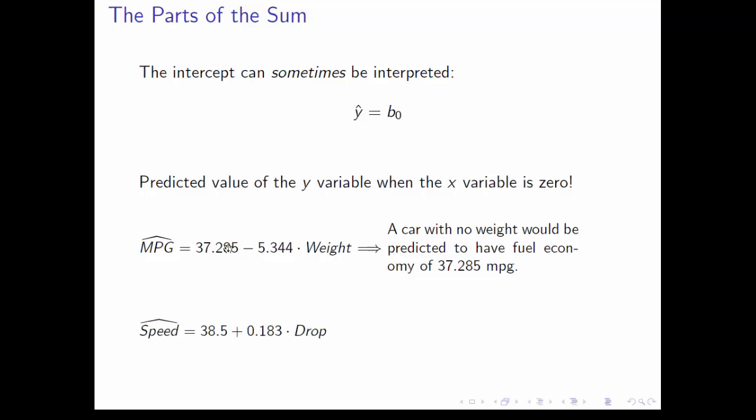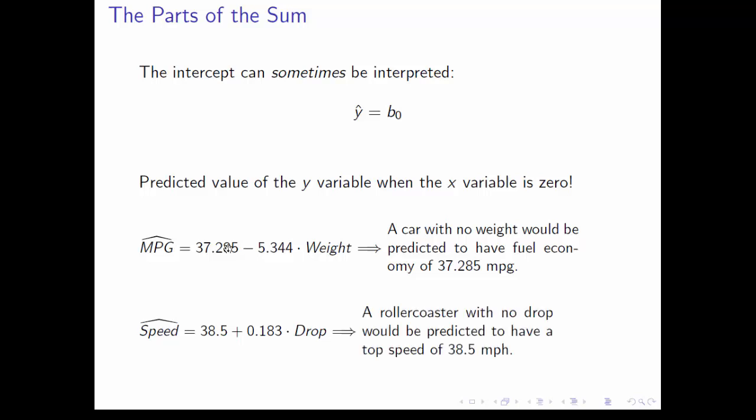That's kind of ridiculous, because how are we going to reduce the car's weight completely to zero? But let's take another example. If we have the speed of the roller coasters and we put in 0 for drop, that means that a roller coaster with no drop would be predicted to have a top speed of 38.5 miles per hour. Again, kind of ridiculous.